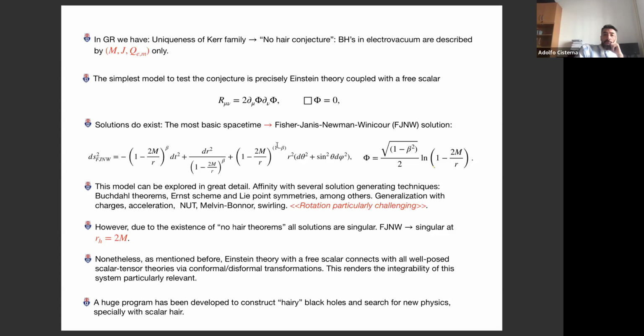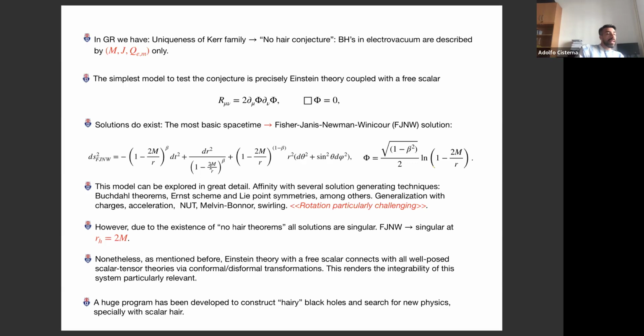But okay, why should we push for the study of this? Because actually, this model can be studied far beyond spherical symmetry. As I mentioned before, all the symmetries I showed you at the beginning, Ehlers, Harrison, combinations thereof, and so on, still remain valid when you have a minimally coupled scalar field.